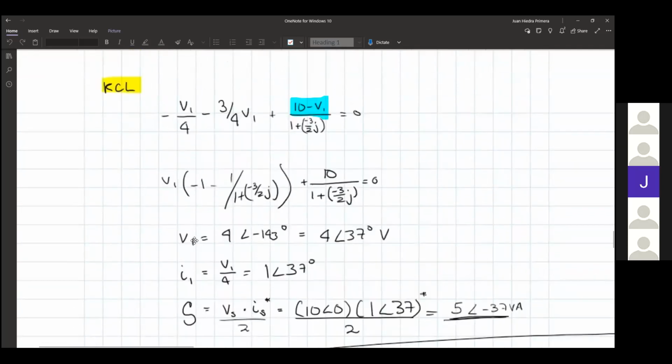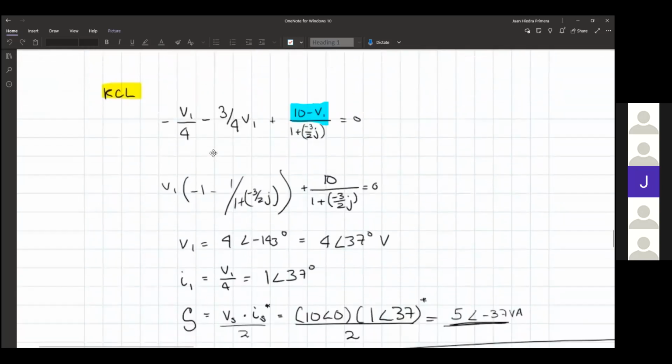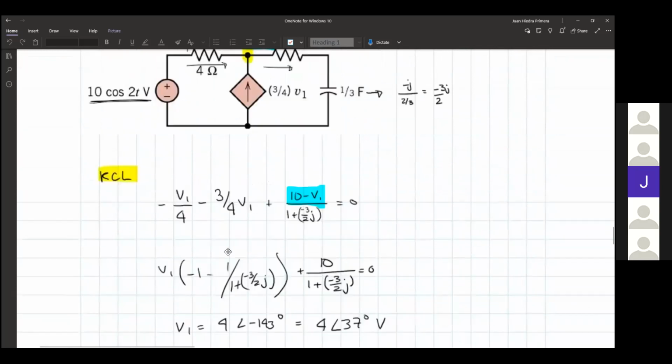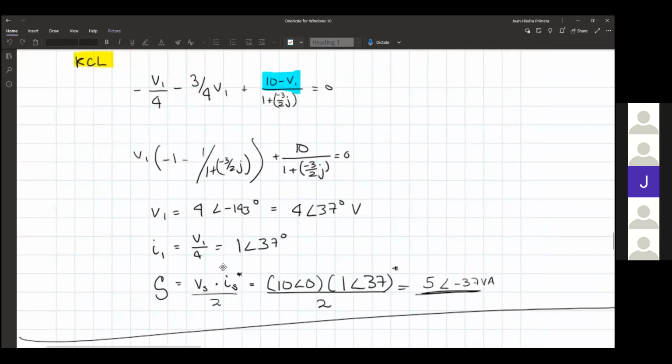To get your current, since it's over a 4 ohm resistor, you simply divide the voltage by 4. So you get 1 with a shift of 37. And the question asked us to find the complex power. Formula for complex power is voltage times the conjugate of current over 2.